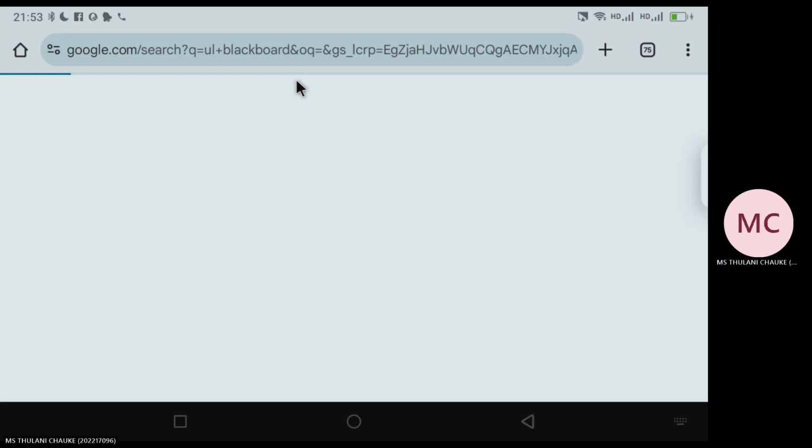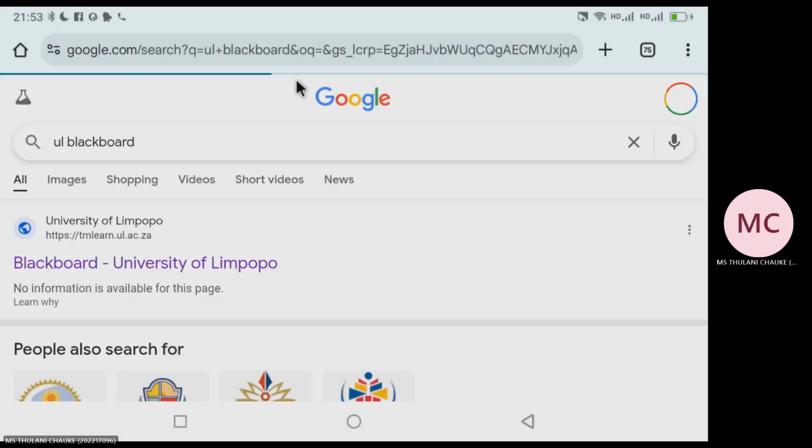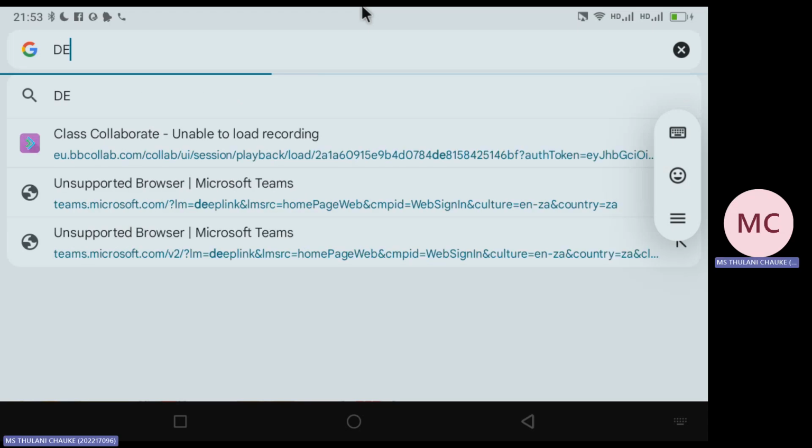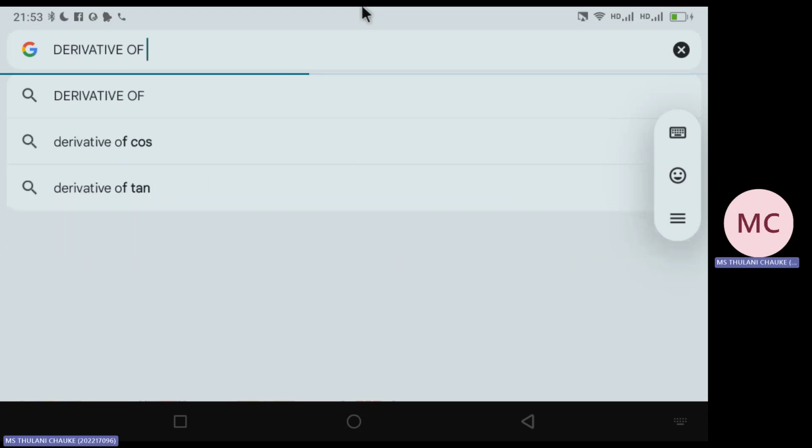Oh no, it's not the derivative. It's the ln of sec x plus tan x.